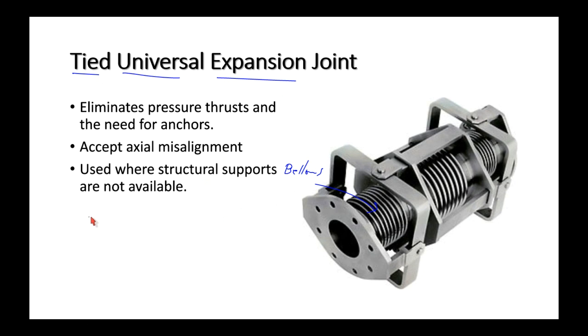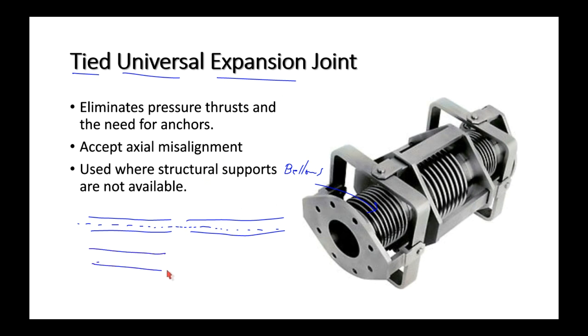So let's take a look at that term, axial misalignment. So let's say I got two pipes here, and I can mark the center line being the axis, and if they are axially aligned, they share the same center line. But if they are axially misaligned, then they obviously do not share the same center line. So they will accept axial misalignment.